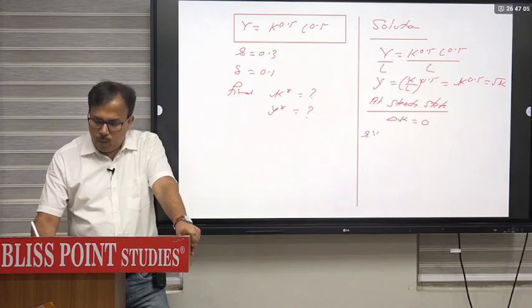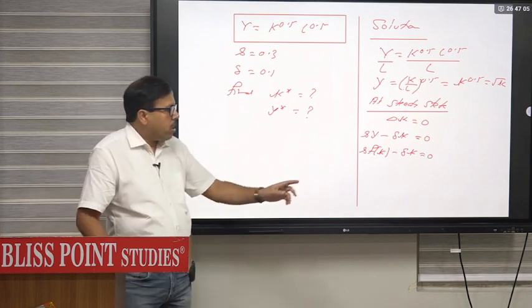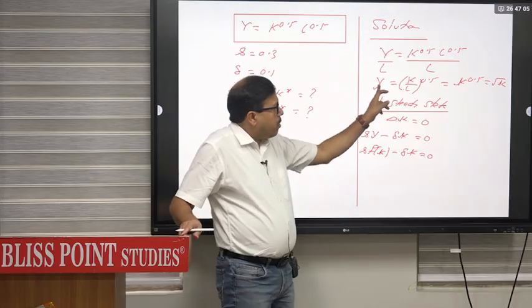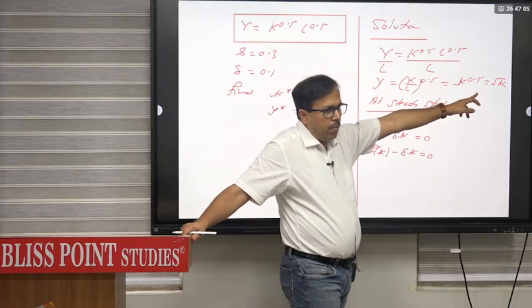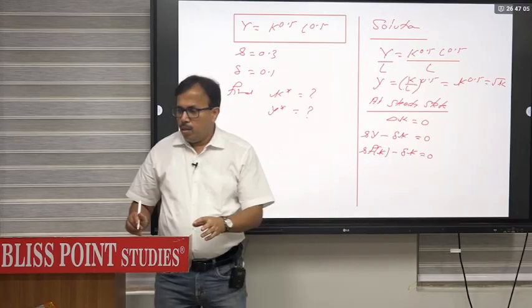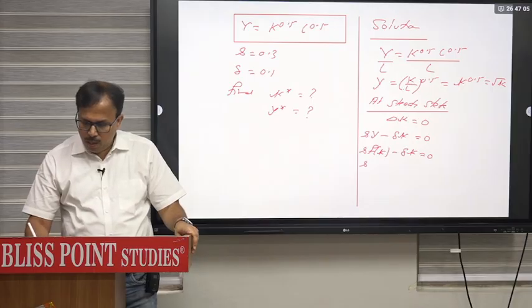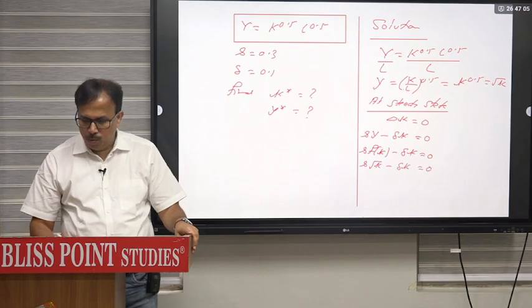Saving is small s into y minus delta into k equal to 0. y की जगह क्या लिखूं, फंक्शन ऑफ k माइनस डेल्टा k इक्वल टू 0 और फंक्शन ऑफ k की जगह क्या आ जाएगा, y एज अ फंक्शन ऑफ k है, क्या लिख देना वहाँ, रूट k लिख देना. इस फंक्शन की जगह रूट k कर दीजिएगा. सो विल राइट स्मॉल s रूट k माइनस डेल्टा k इक्वल टू 0.